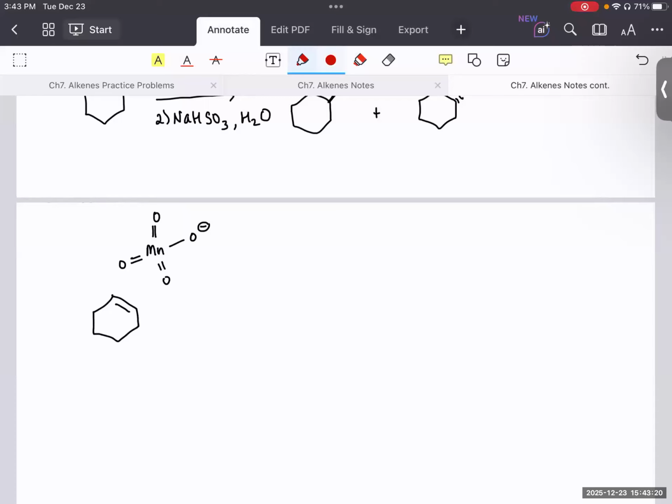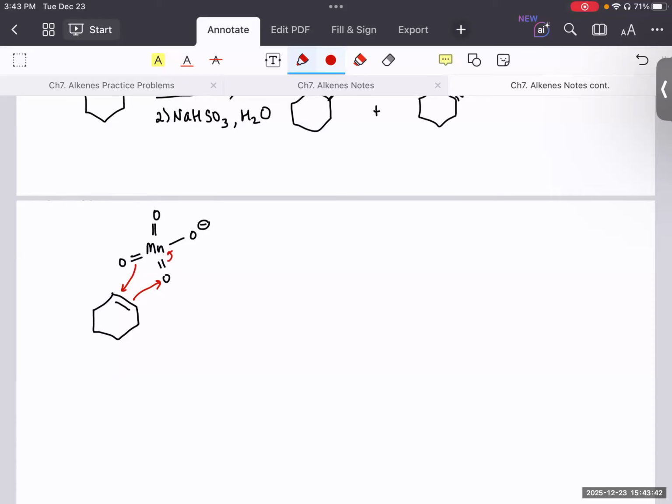In this mechanism, similar to that mCPBA, we get simultaneous electrons coming from the oxygen on the manganate to the alkene, and then the other one's going to the oxygen. And so we get this set of reaction arrows here.